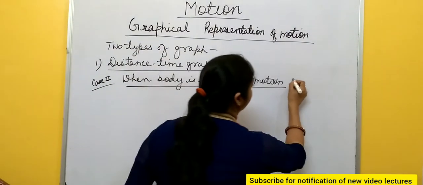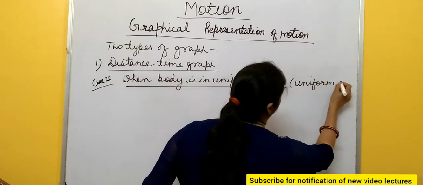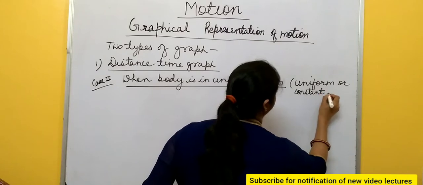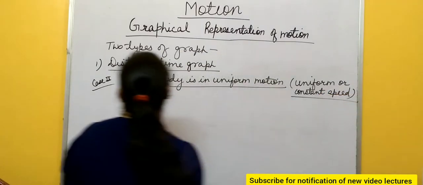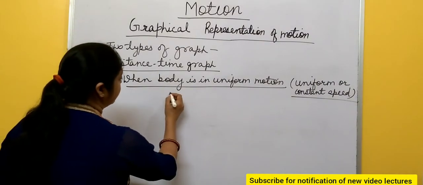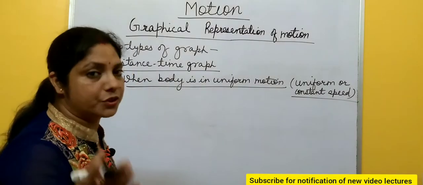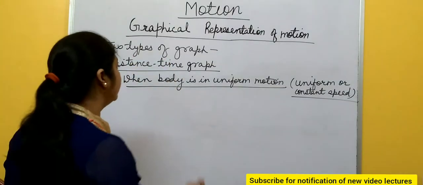So you can write uniform or constant speed in case of uniform motion. Here the distance covered by the body is directly proportional to time. In equal intervals of time, the body covers equal distance.